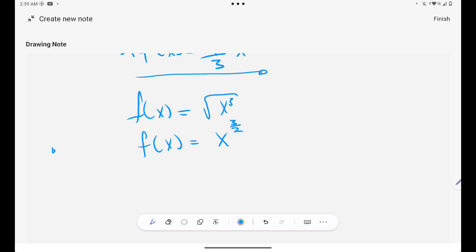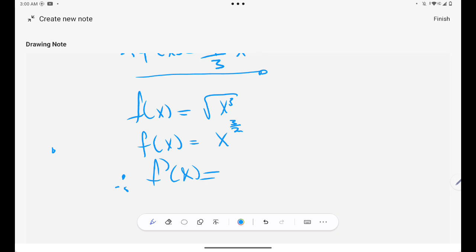Please note that I only write f prime of x on the final answer. Are you together? Whenever I'm finding my derivative, that's when I'll write f prime of x. But before I find my derivative, I wouldn't write f prime of x. When I write f prime of x, then the statement on the right hand side has to be me finding the derivative.